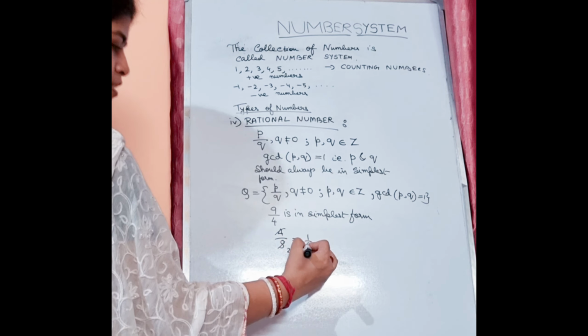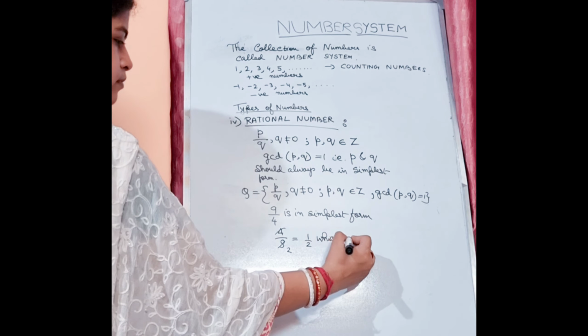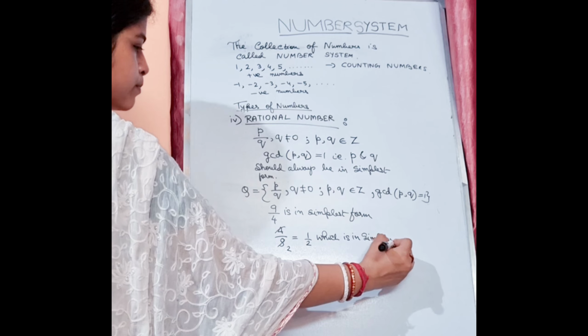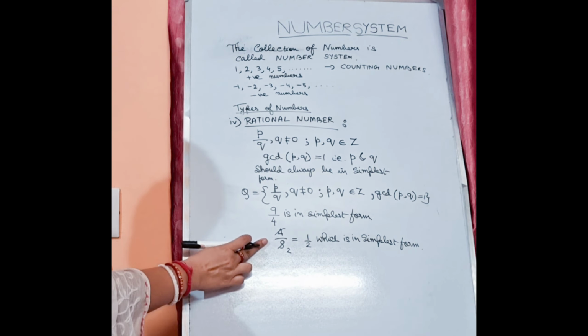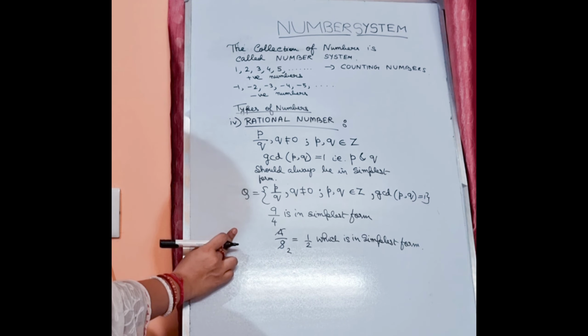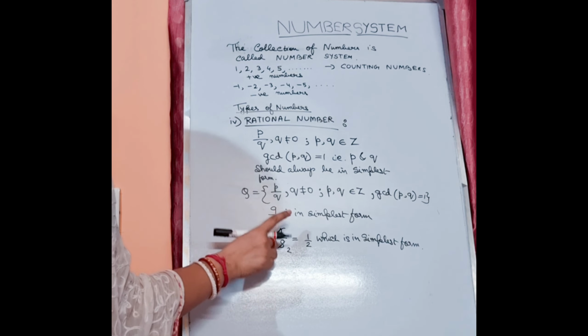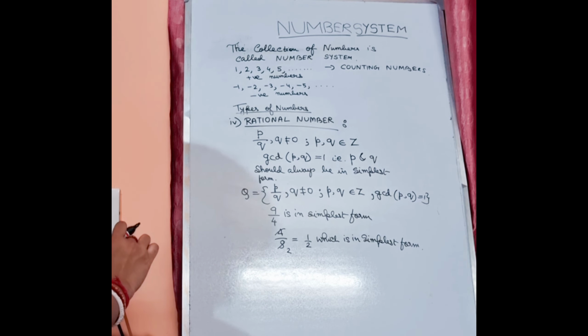So it can be written as 1 by 2, which is in simplest form. But 4 by 8 is not in simplest form; 1 by 2 is in simplest form. So one important criterion of a rational number you should keep in mind is that it should always be in simplest form.